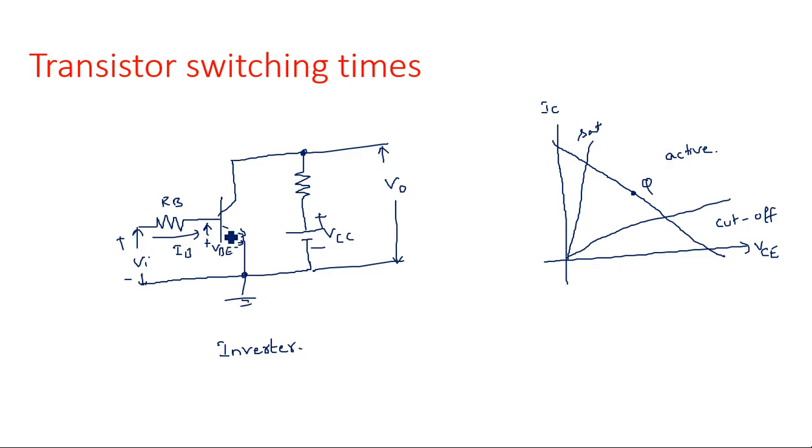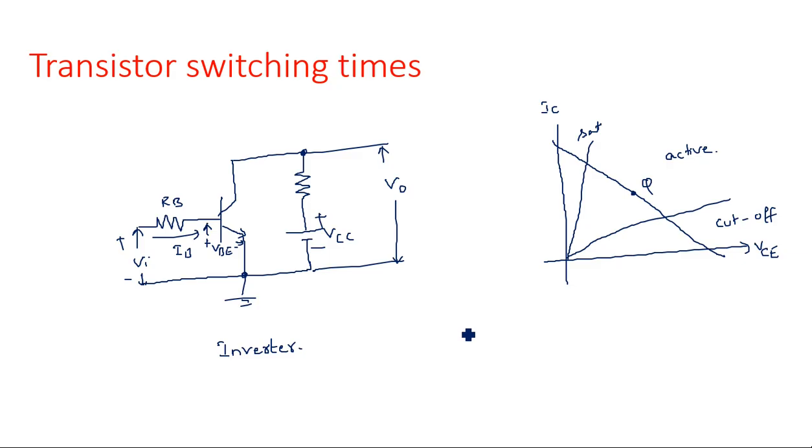When this junction is on, then the transistor is said to be operated in active region. If both the junctions, the emitter junction as well as the collector junction, are on, nothing but forward biased, then the transistor is operated in saturation region.